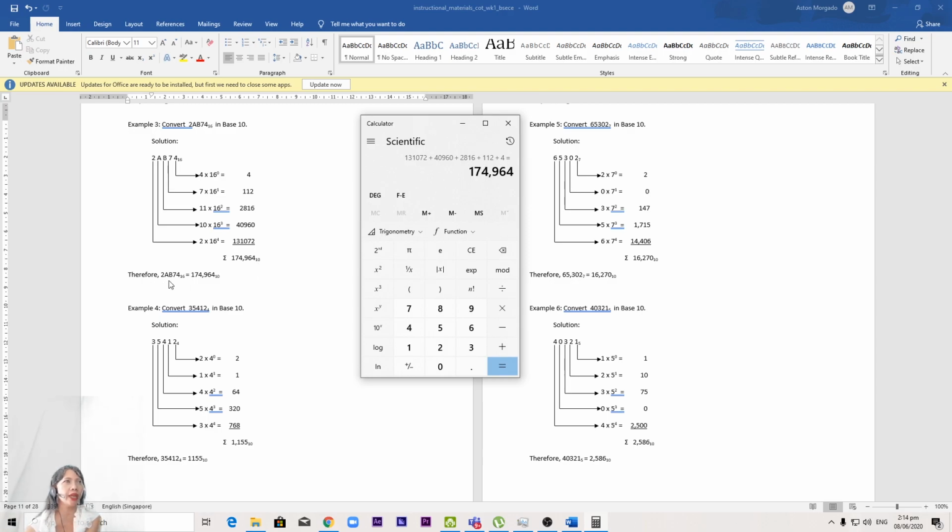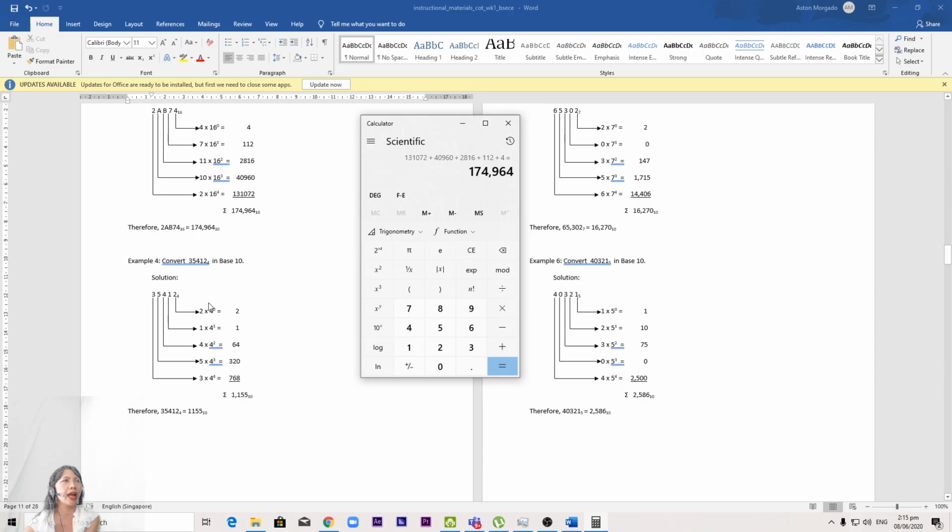So therefore 2AB74 base 16 is actually equal to 174,964 base 10. Then we have, convert 35412 base 4 to base 10.